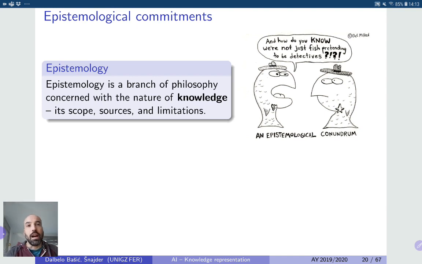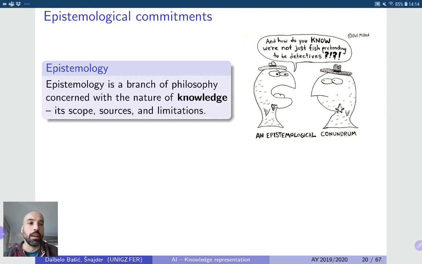Now, the other aspect of a formal system that indirectly defines its expressivity level is the epistemological commitment. So, first, epistemology is again a branch of philosophy, but this one is concerned with knowledge, the scope of knowledge, the sources of knowledge, and the limitations of knowledge.